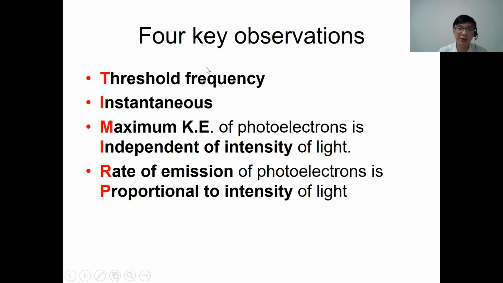It was instantaneous. Number 3, there was a maximum kinetic energy of photoelectrons, and it's independent of the intensity of light. We'll talk about this in more detail later on. I'm sure this is not very clear now. And number 4, the rate of emission of photoelectrons, the number of electrons being emitted, is proportional to the intensity of the light.